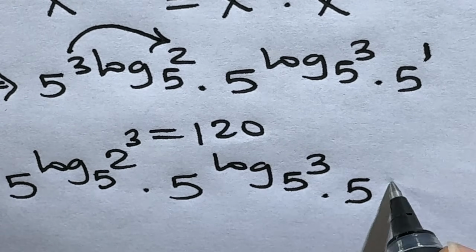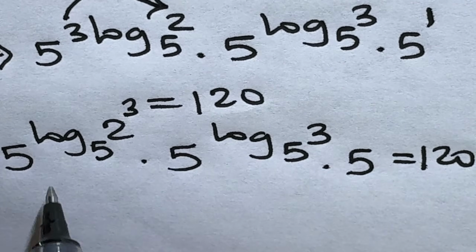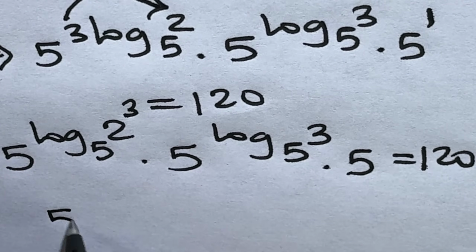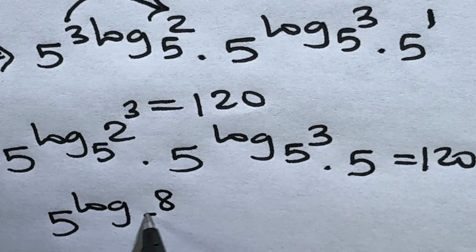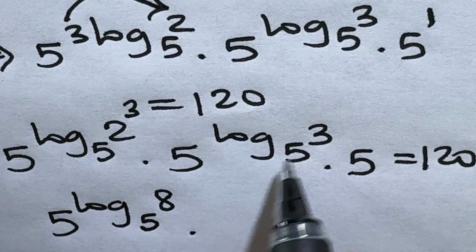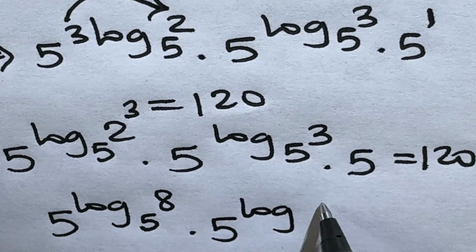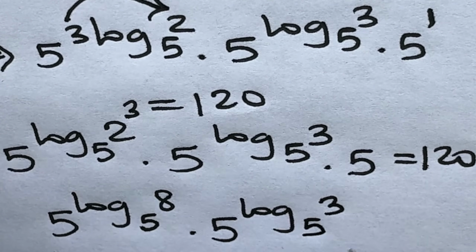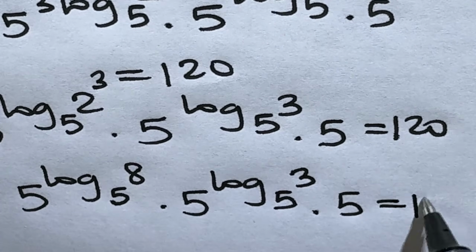And this is supposed to give us 120. This right here is 5 raised to power log 2 raised to power 3, which is 8, base 5. This remains the same. Then times 5 should give us 120.